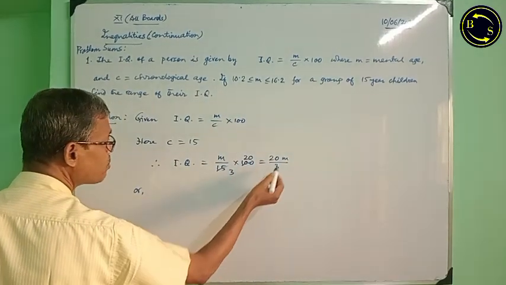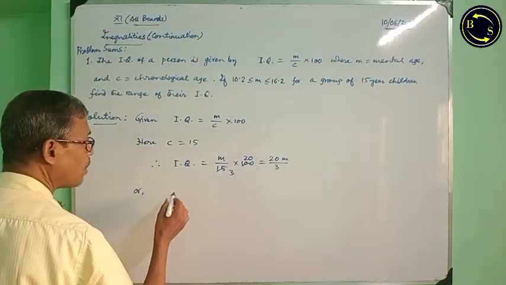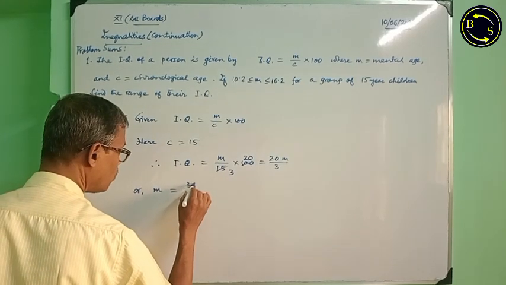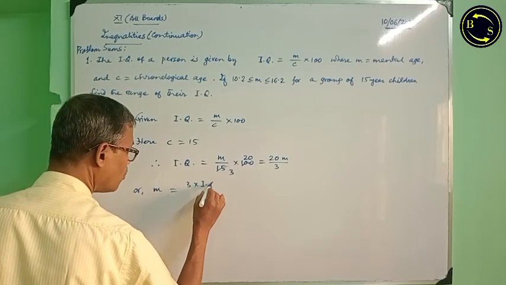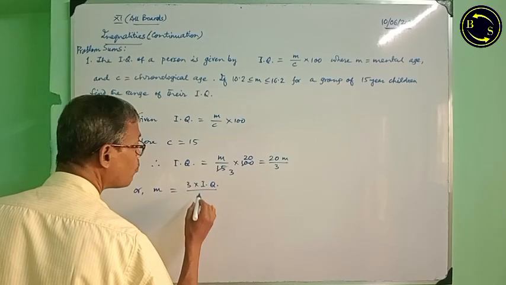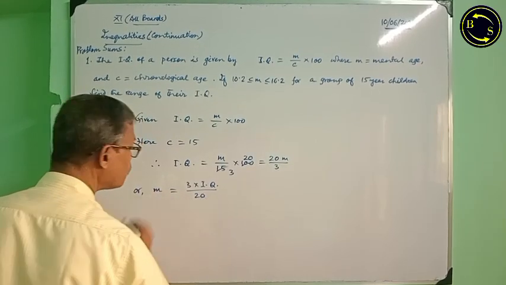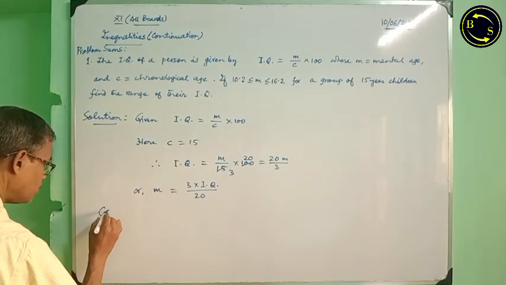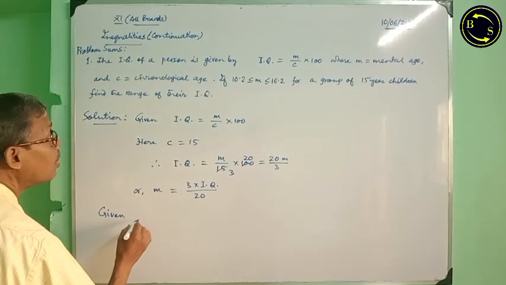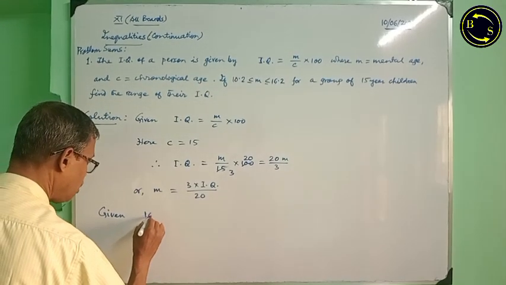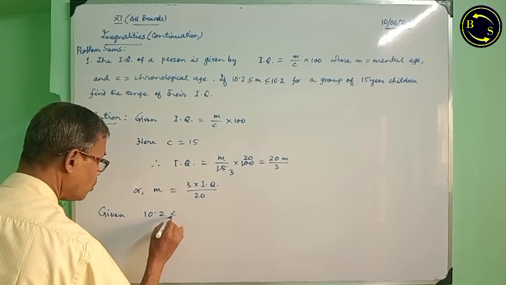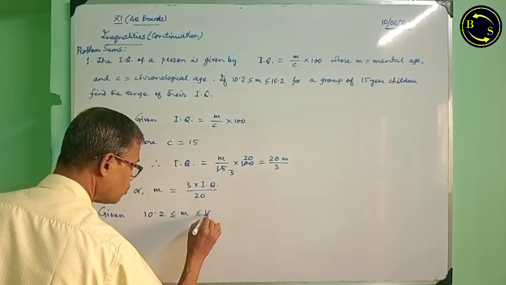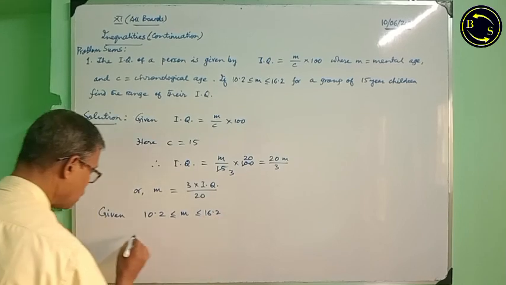That is why we express M in terms of IQ. Given 10.2 less than equal to M less than equal to 16.2.